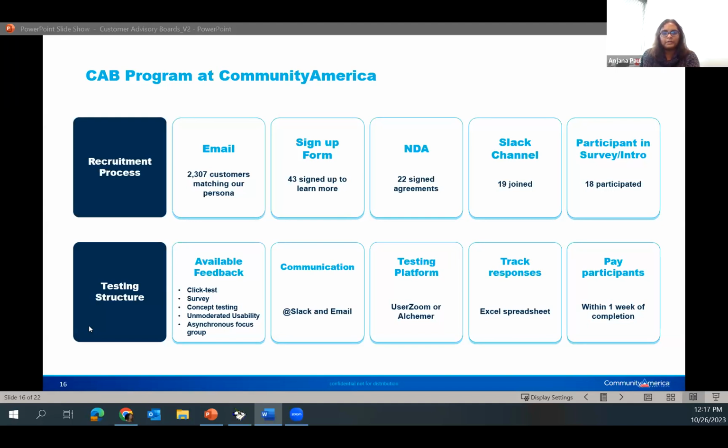We used UserZoom or Alchemer, which is a survey tool, to capture the feedback, depending on what type of research method we chose. Then we tracked the responses using Excel spreadsheets, and we paid out participants within a week of their completion of the feedback activity.